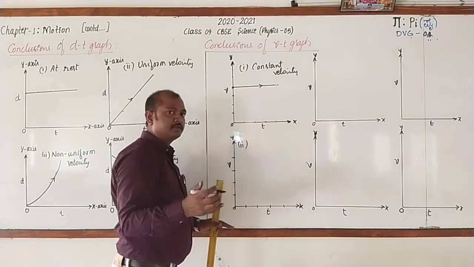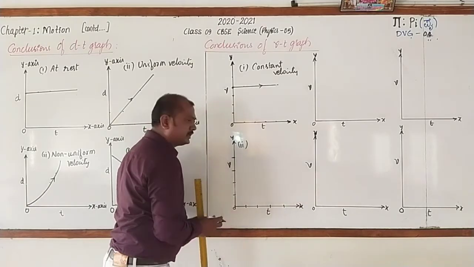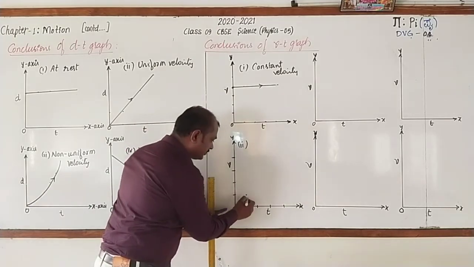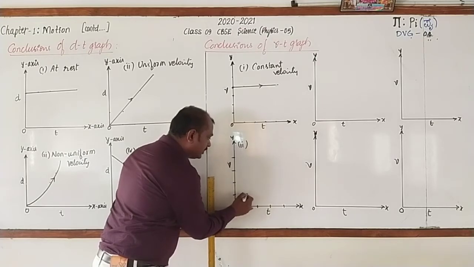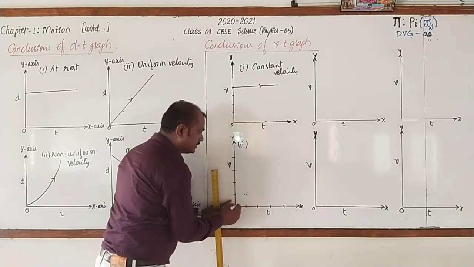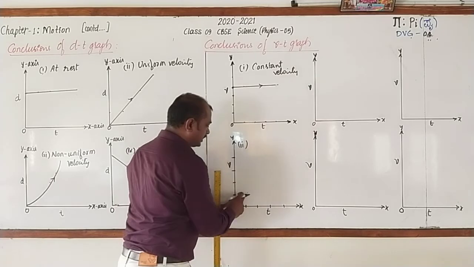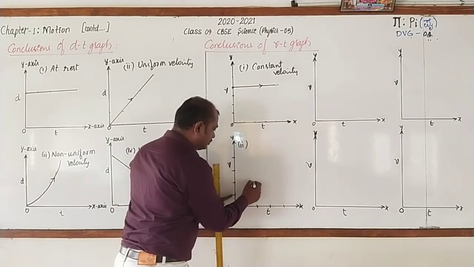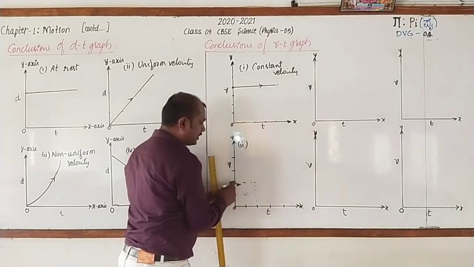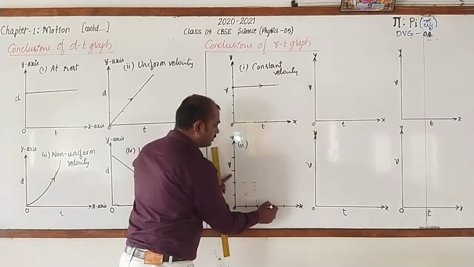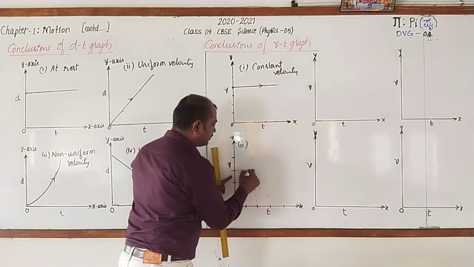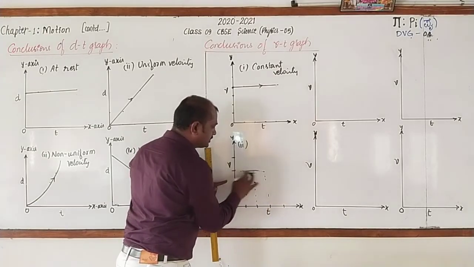It will be 0. In 0 time, the velocity is 0. After 1 second, the speed of the body, observe how much it is, 2 meter per second. After 2 seconds, what is the velocity? 4. Then after 3 seconds, the velocity of a body will be 6.